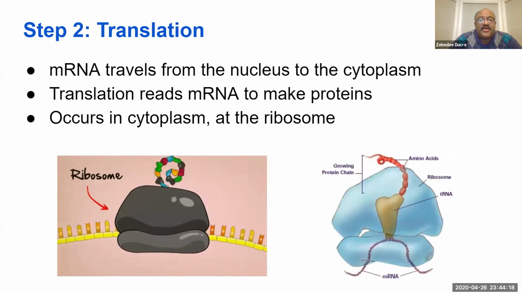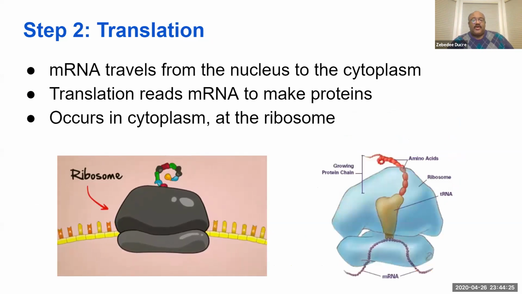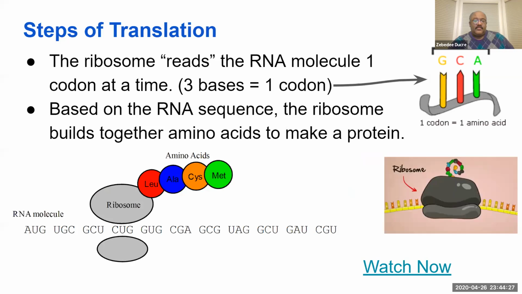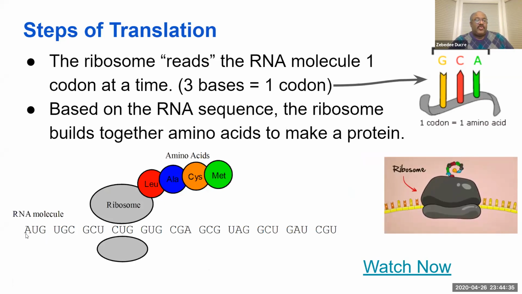Translation is when the actual amino acids are assembled at the ribosome. Now, here's what's interesting, and you'll be able to look at a chart when you practice. They're going to practice with you using these codons. These three letters actually code for actual amino acids, and you'll be able to assemble them.